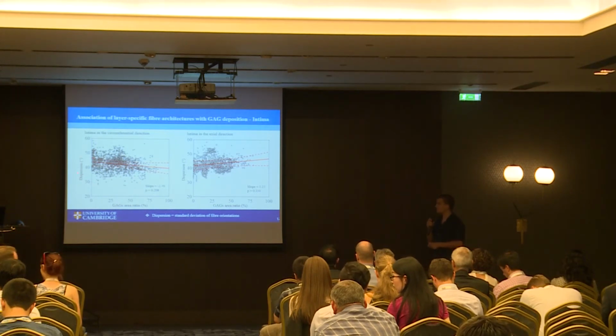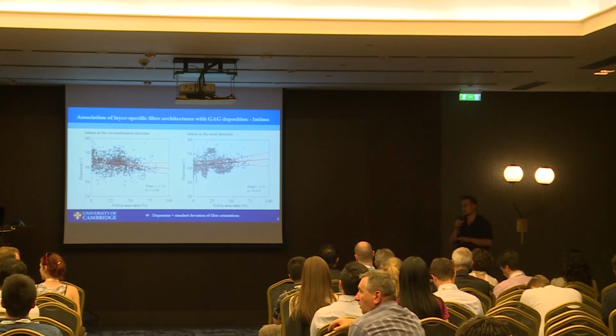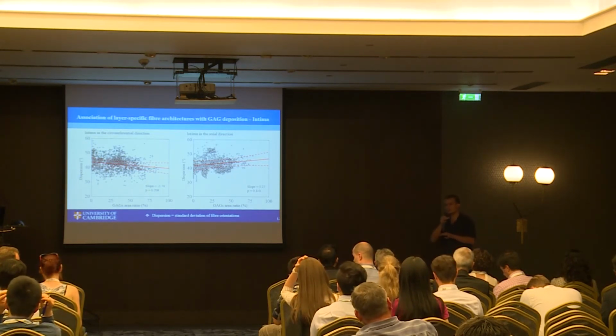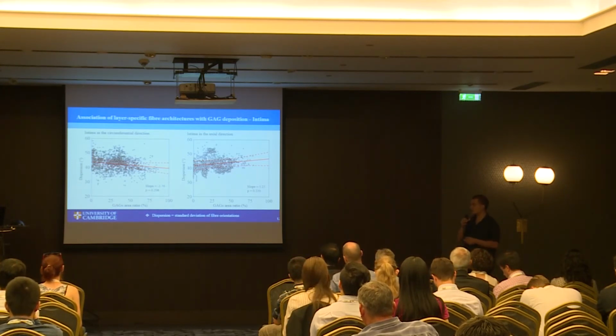Now, the dispersion of collagen fibers simply implies the distribution of collagen fibers. So the larger the dispersion, the more randomly distributed the collagen fibers are. And you can imagine that the more randomly distributed the collagen fibers are, the less strong you would expect the material to be.